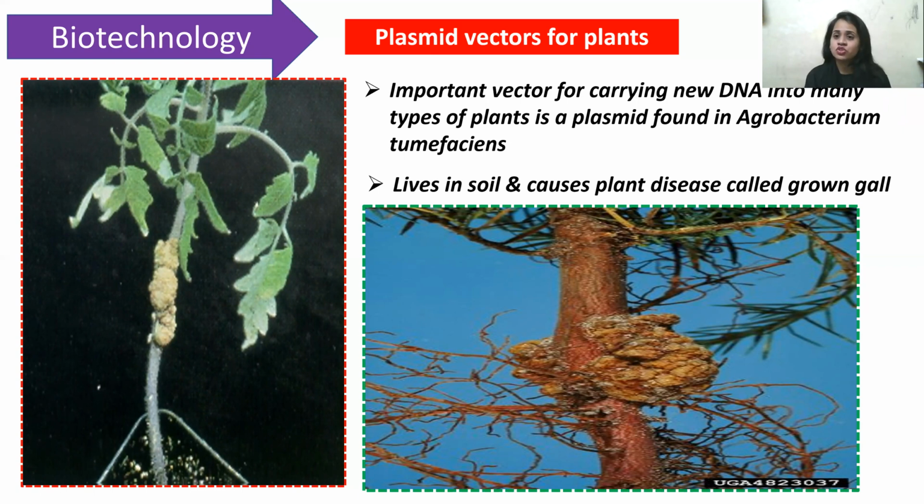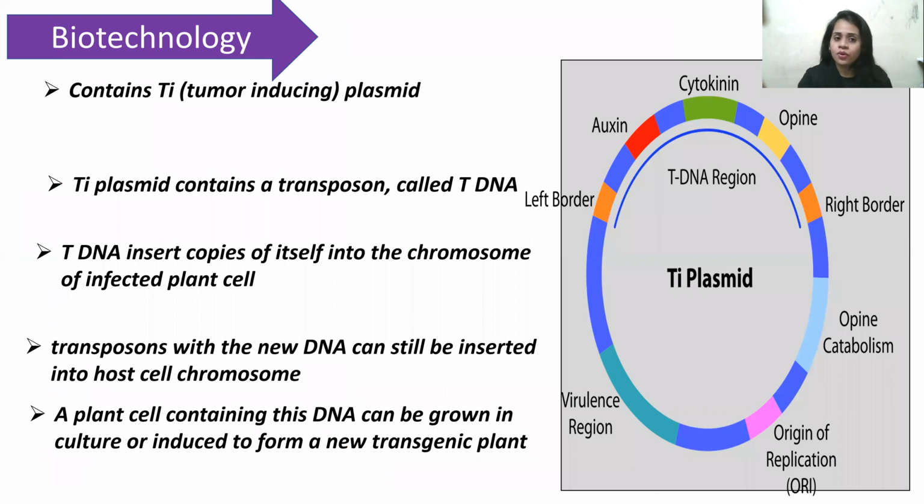You find it in soil, and this bacteria has an ability to produce crown gall disease in plants. Are you clear from where you get the TI plasmid? It is found in the bacteria called Agrobacterium, which can cause crown gall disorders in plants.